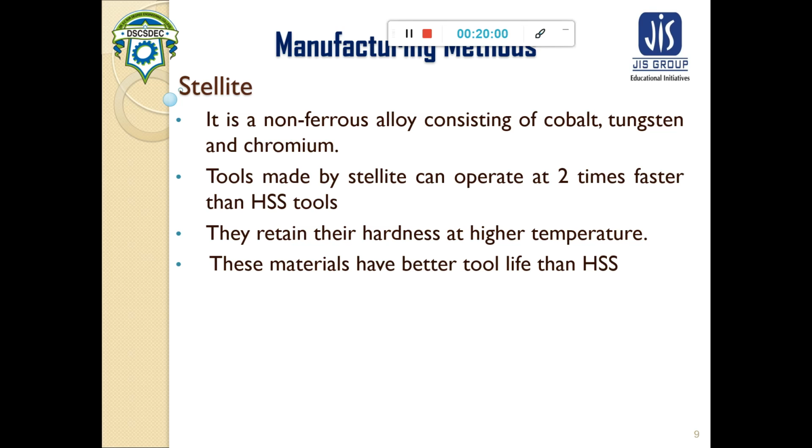Tools made of stellite can operate 2 times faster than HSS tools, and they can retain their hardness at very high temperature also, and these materials have better tool life than HSS.